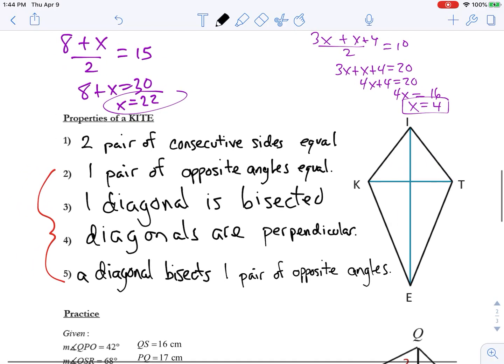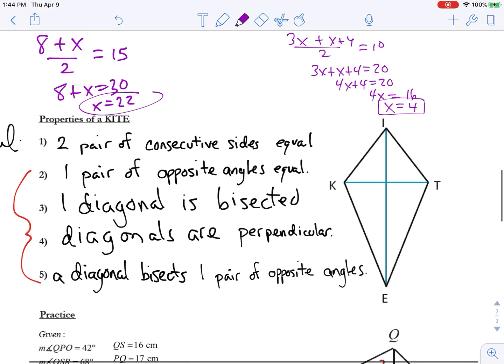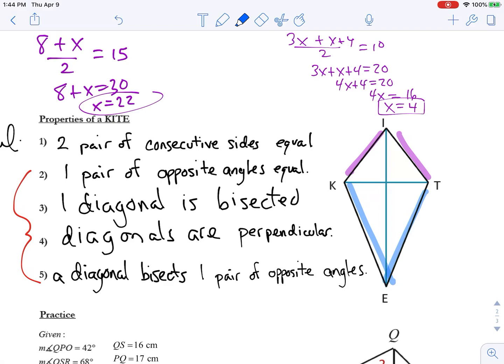So here's the definition. The definition of a kite is that you got two pair of consecutive sides equal. That means that these two sides are equal, if I color them in purple, and then these two legs are also equal. So we got equal sides, equal sides. You got two pair of equal sides. The rest of this is just like weird things with diagonals and angles.